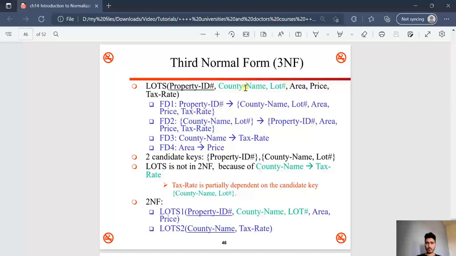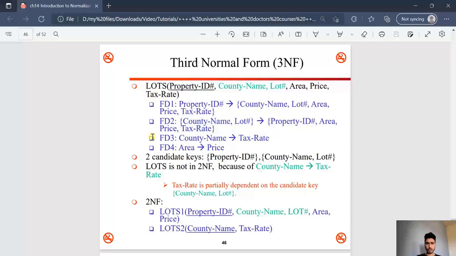Because we may have two lots with the same lot number, but they are different in the county name. So we could use either this as a primary key or this. But the database designer uses this as the primary key, and this will be a candidate key. In addition to the area of the lot, the price, and the tax rate.